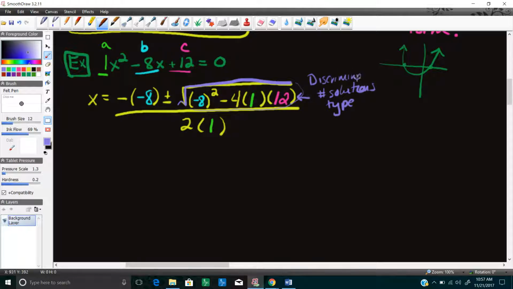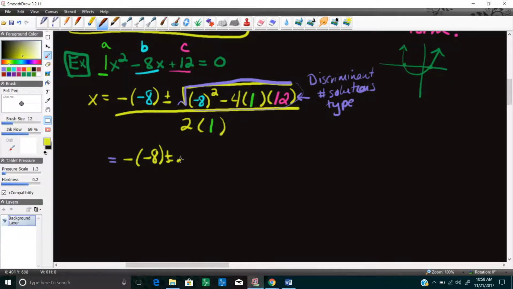This piece right here, everything underneath the square root, is also known as the discriminant. And if you have me as a teacher, we probably will cover that first before we actually go into the formula. But anyway, let's go ahead and do that first. So right here I have negative 8 squared. I'm going to rewrite this whole thing. Okay, so negative, and I'm not going to color code on this step because you already know where everything goes.